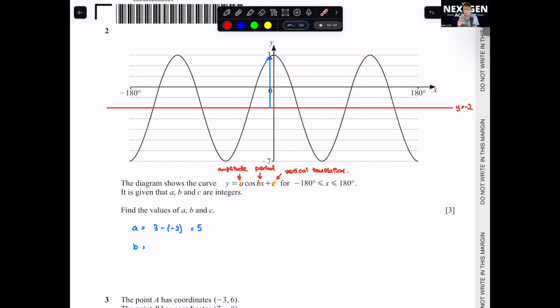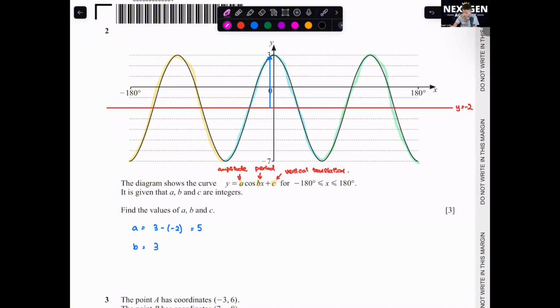So within 360 degrees, how many cycles of cos graph is there? So this is an upside down cos graph. You see, here is 1 cycle, 2 cycles, then 3 cycles. Okay, so we can say that b is equal to 3.